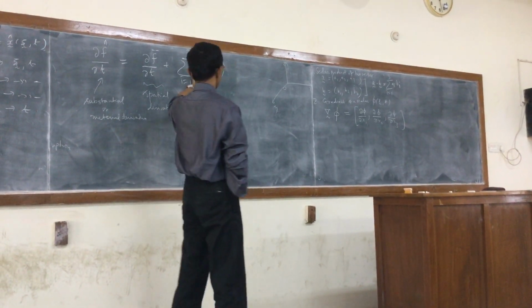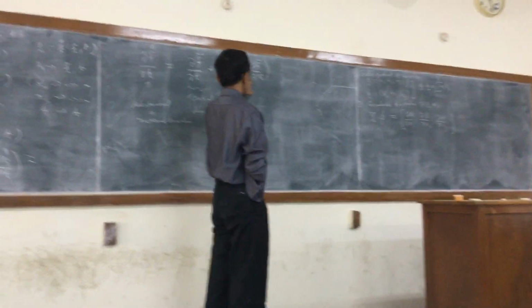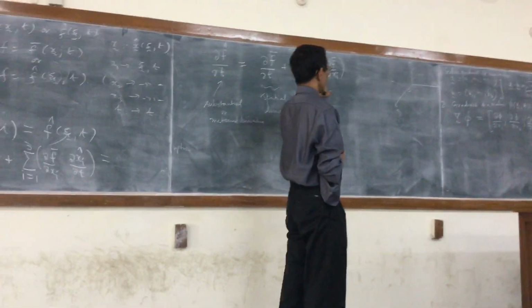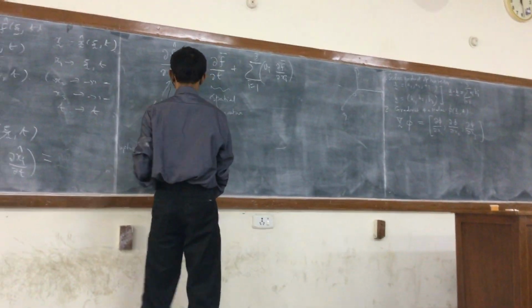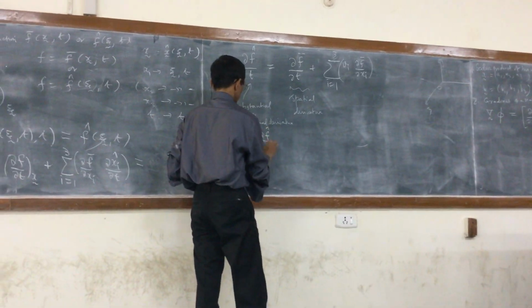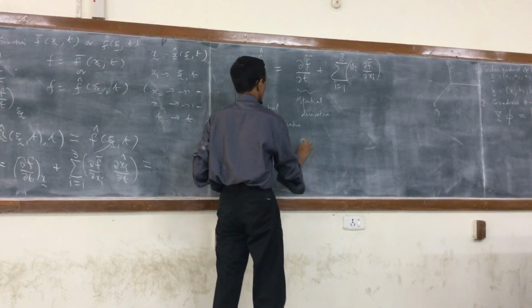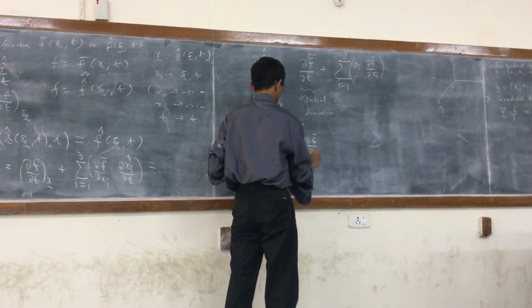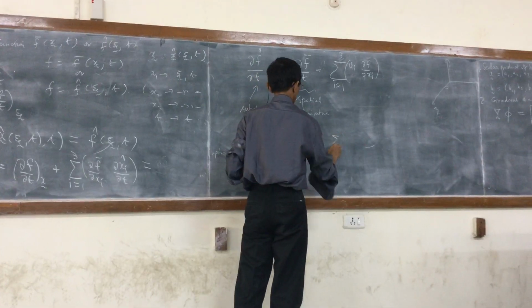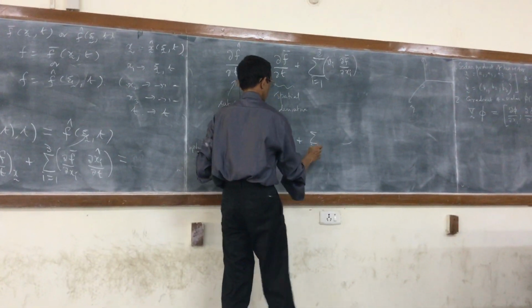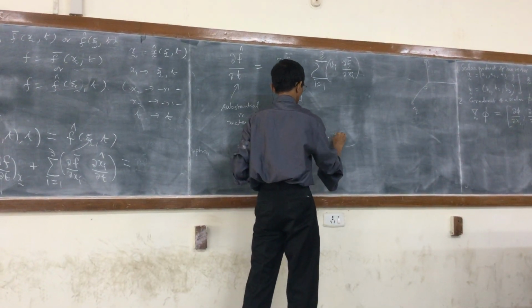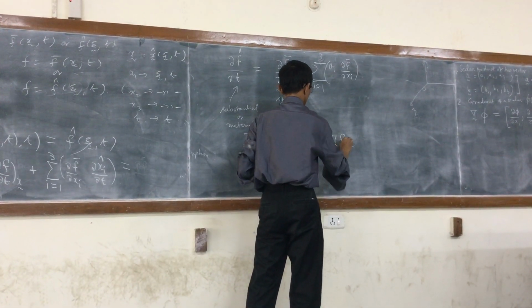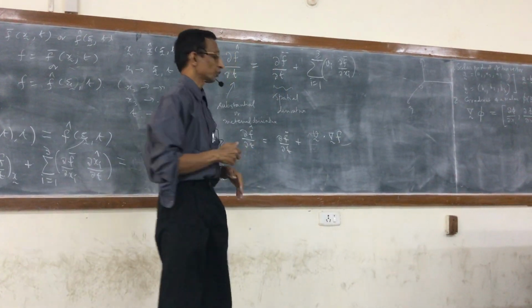Clearly, combining these two operations that I have just introduced, this formula can be written compactly as V, the velocity vector, dotted with the gradient of F.